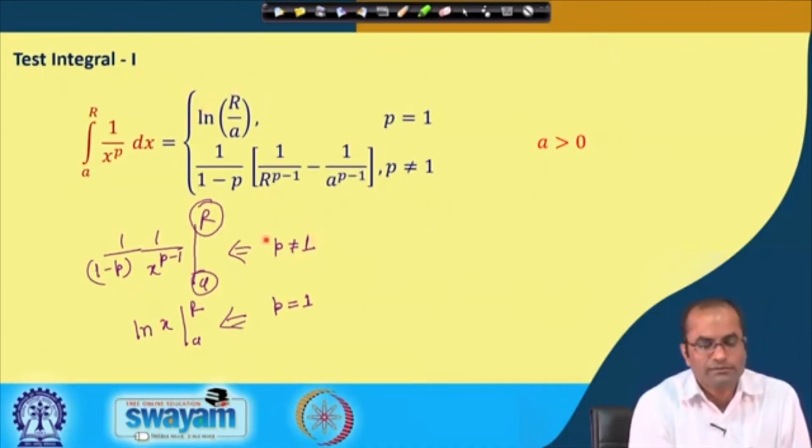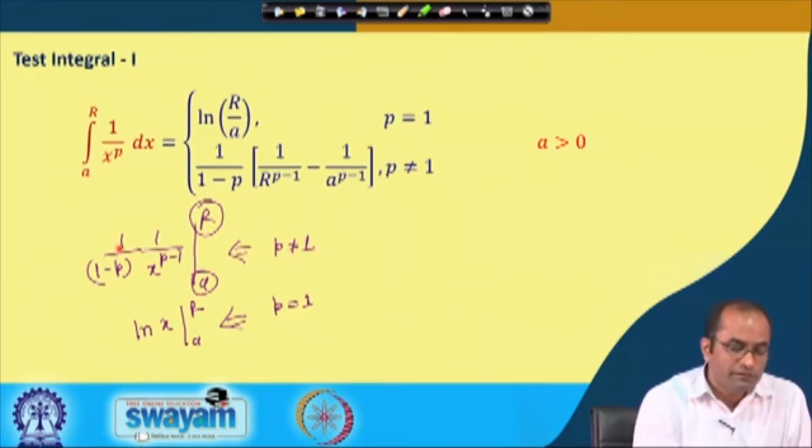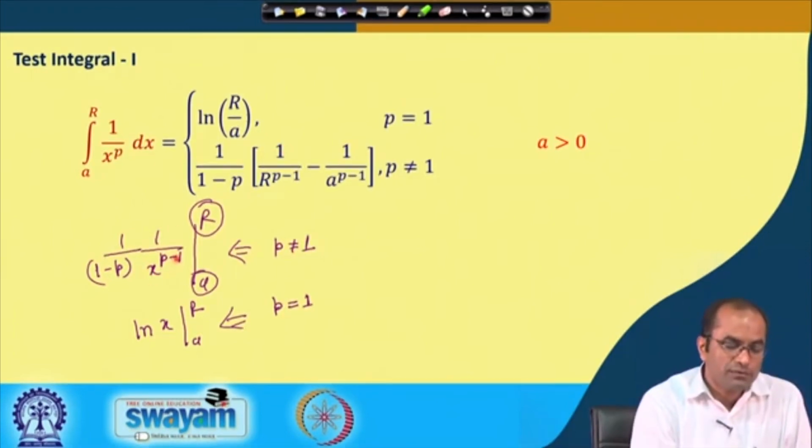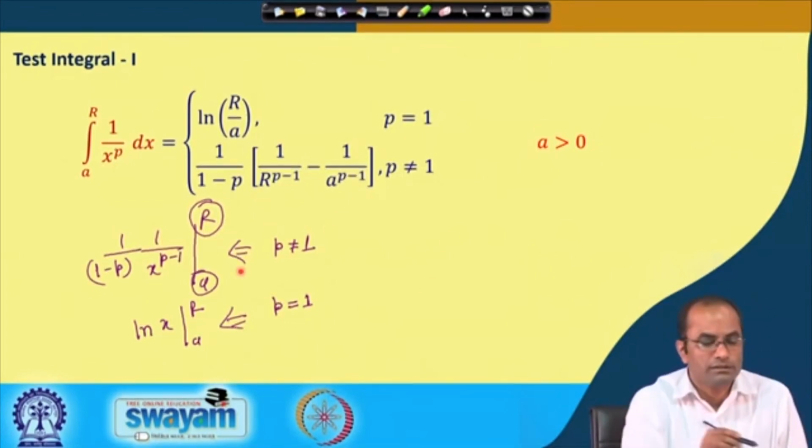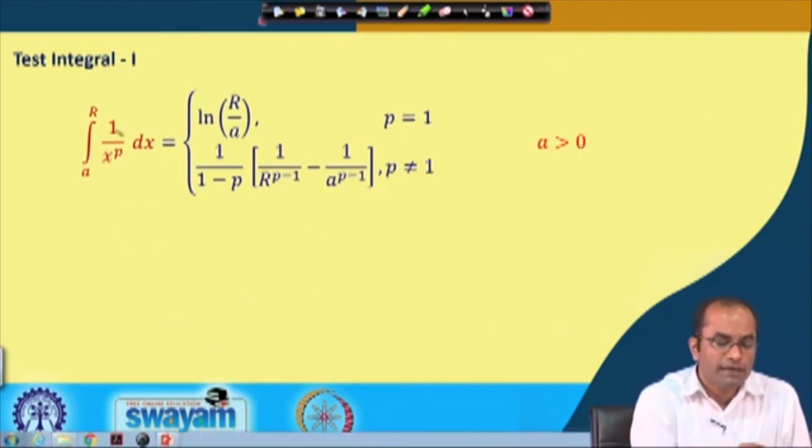In the second case, when p is not equal to 1, we will get 1 over 1 minus p times x power 1 minus p, and here again r. So, first r power 1 minus p we will get, and then minus a power 1 minus p. So, these are the integral values for this a to r.